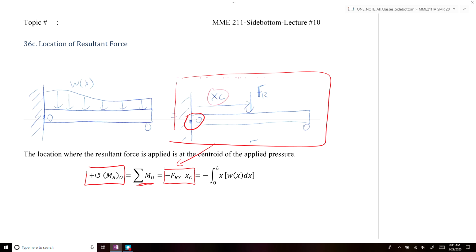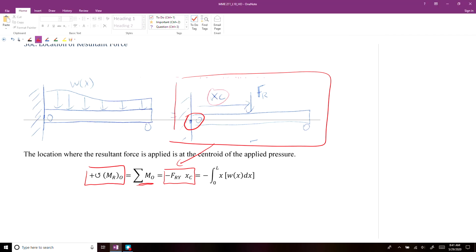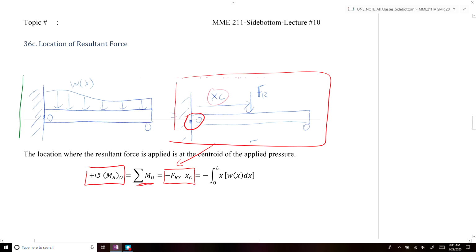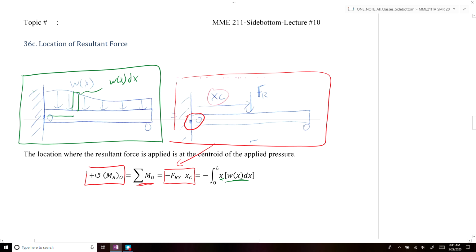For the left-hand side, the moment would be equal to x times our differential area term, which is W of x dx. If we integrate that across the whole length of our beam, we get the total moment caused by our distributed load.